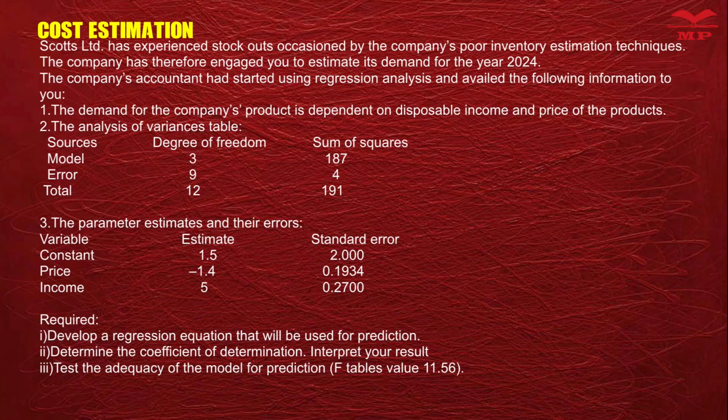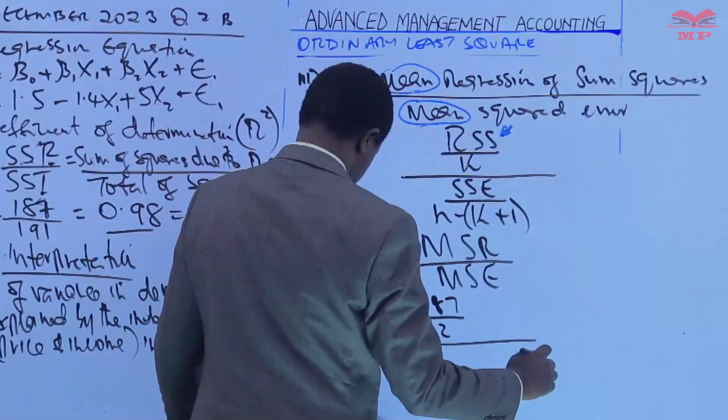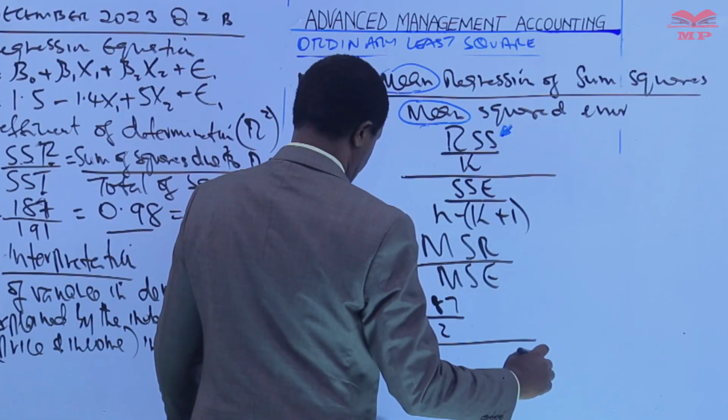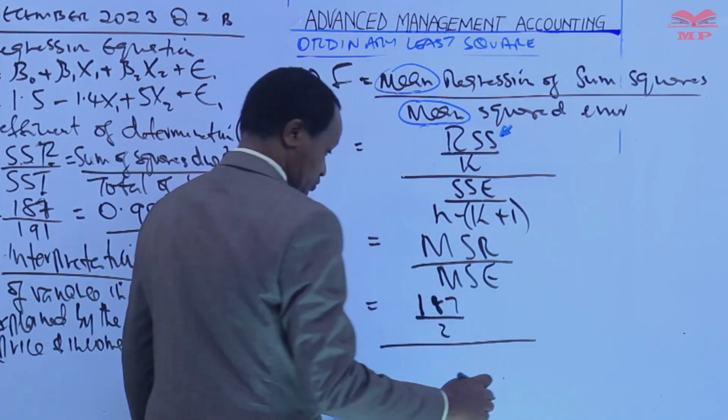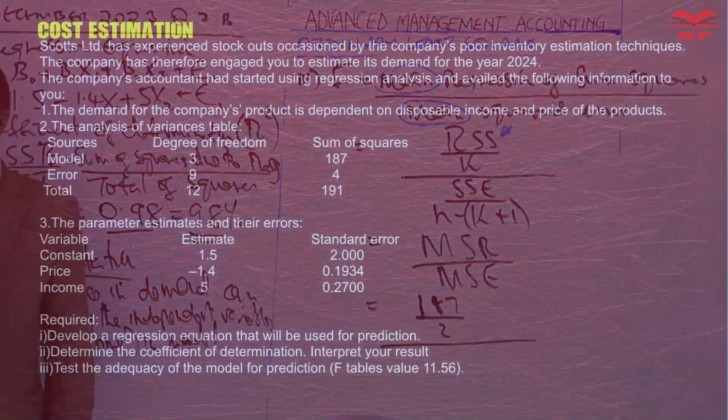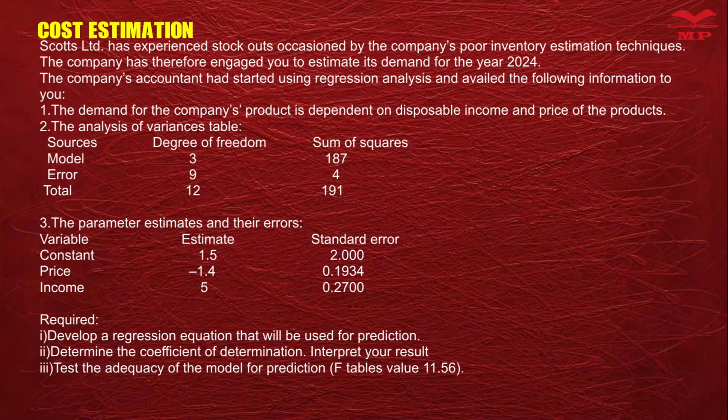That is 187 divided by 2, over our SSE, the sum of squared errors. The sum of errors from the table is 4.